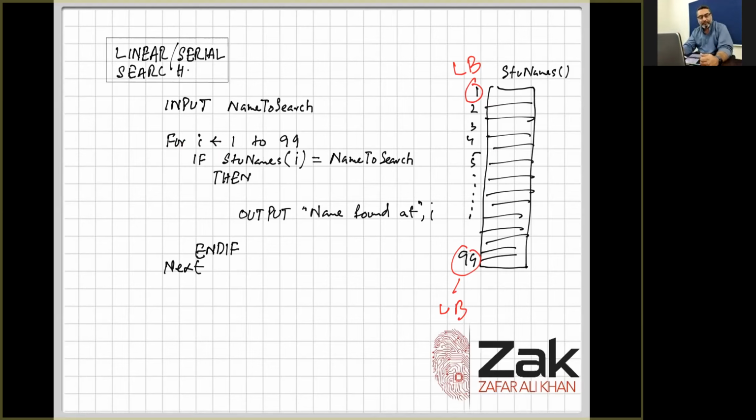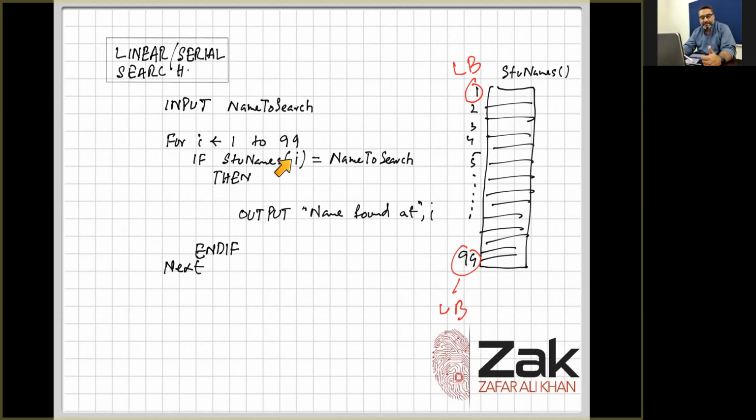Now, this is very simple. Before the loop starts, the system will ask which name you would like to search for. So you enter the name, that name will be captured in name to search, and then the system will look into the first index to see if the name you want to search for is present there.